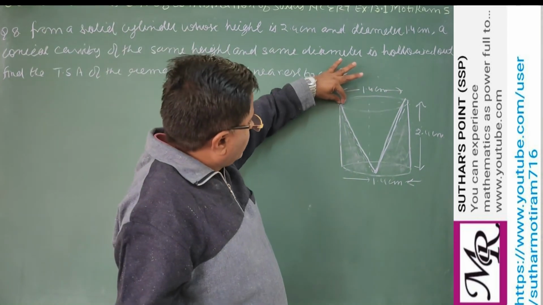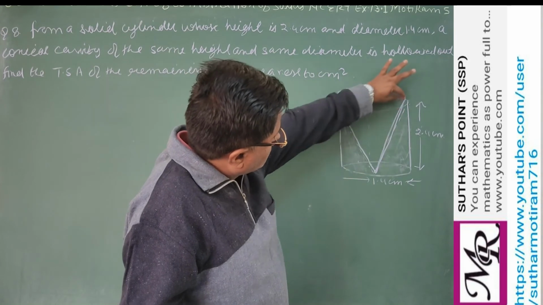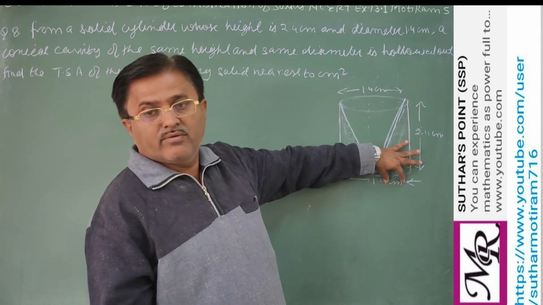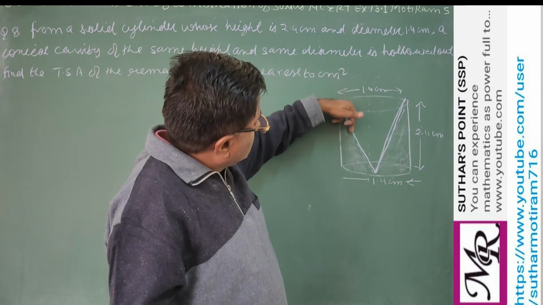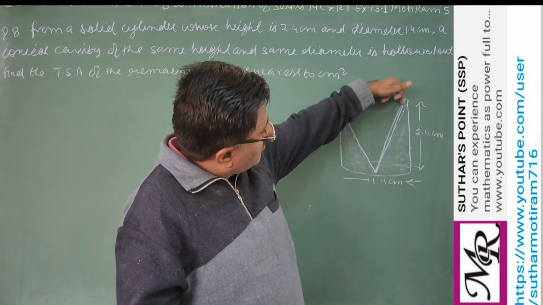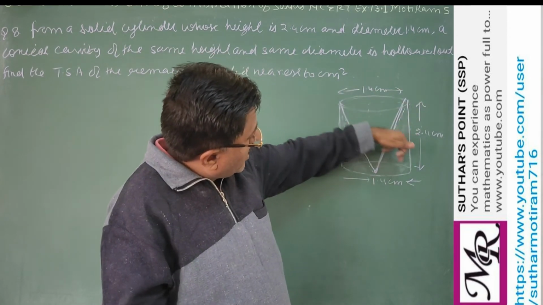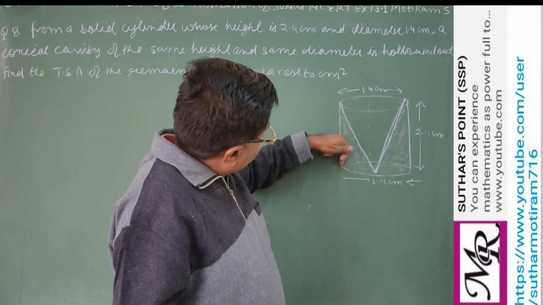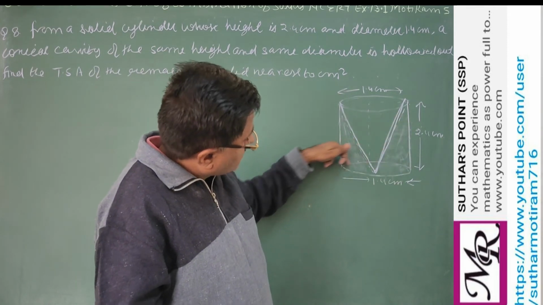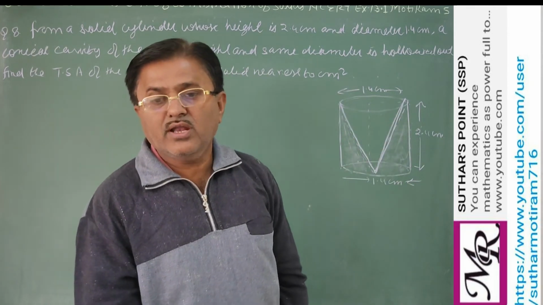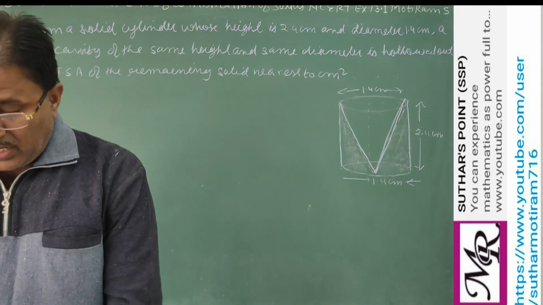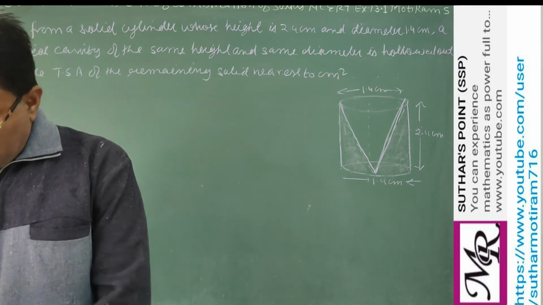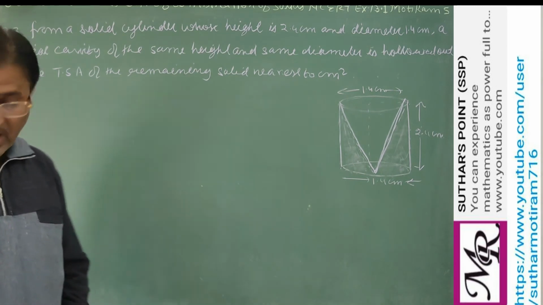So this remaining figure, it is clear how we can find. This is the inner curved surface area of the cone and the outer surface area of the cylinder plus base. That is the total surface area. This is clear. So you may write here the diameter.